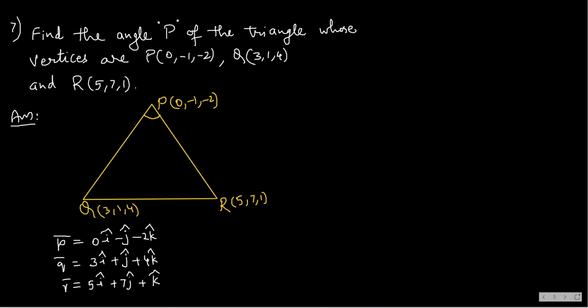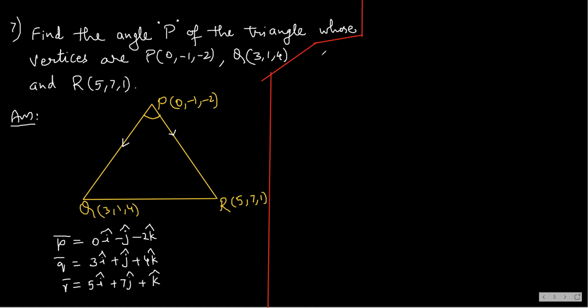So the next step, after finding the position vectors of these vertices, is to go for the displacement vectors. I will find PQ bar and PR bar. See why I am finding these two vectors? Because angle P is included between these two vectors.